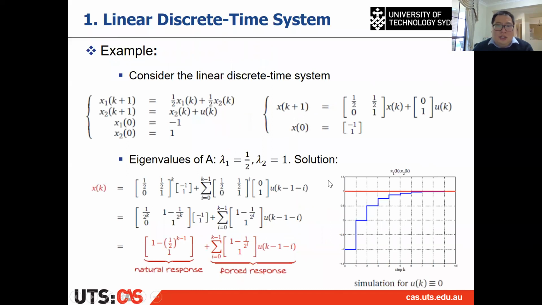Then here I gave an example about this solution. Suppose we have two first order difference equations, and we have two variables, which are x1 and x2, and we have this kind of first order equations. Then we can rewrite it into the matrix format, which is something on the top right.